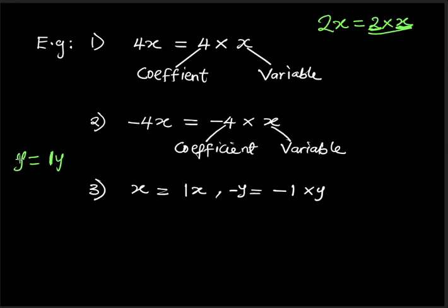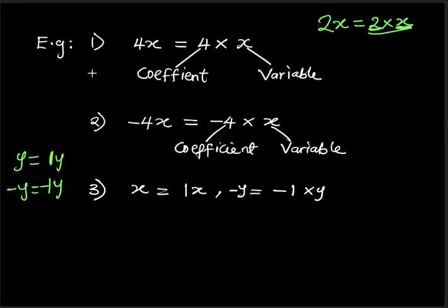So the coefficient of y, if you just see y, the coefficient there is 1. 1 times anything is that same thing. And if we have minus y, minus y is equal to minus 1y, which we expand here as minus 1 times y. So y is the variable, and minus 1 becomes the coefficient. Please take note of that, it's very important.